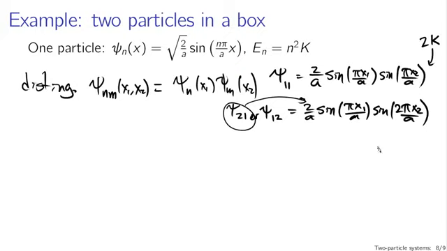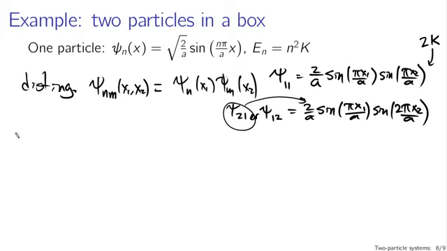So there are actually two distinct ways to write the first excited state. One where I put the 2 with the x1, and the other where I put the 2 with the x2. That means this first excited state, for this distinguishable particles case, is doubly degenerate. There are two allowable states with the same energy. That's what we mean when we say degeneracy.